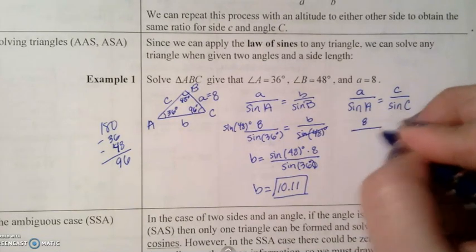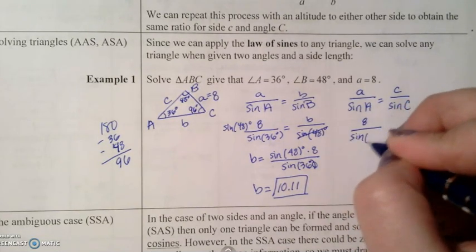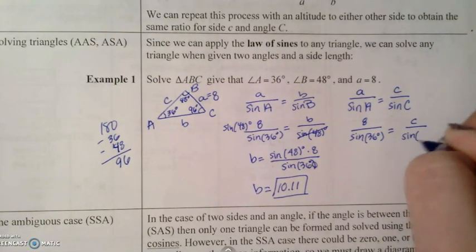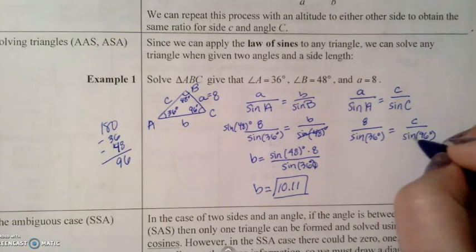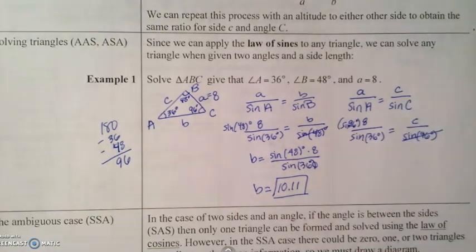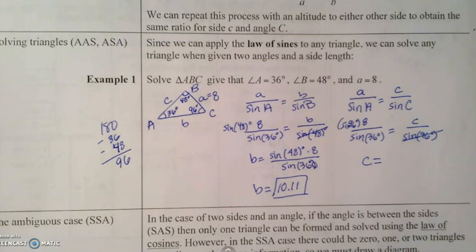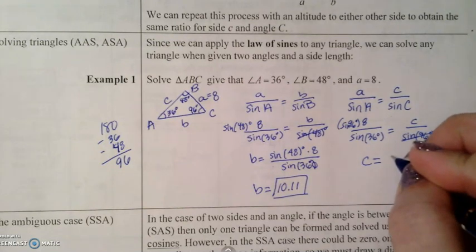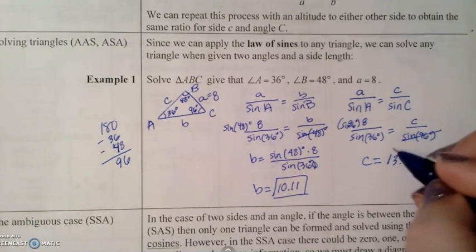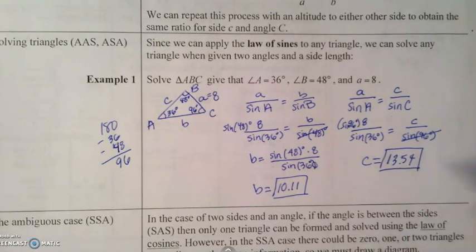So 8 divided by sine of 36 degrees equals c divided by sine of 96 degrees. Multiply both sides by sine of 96 degrees, into the calculator equals 13.54. Again, this is not an angle, it's a length, so that's our answer.